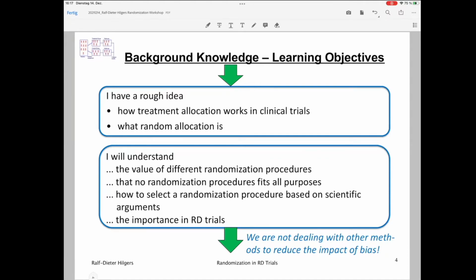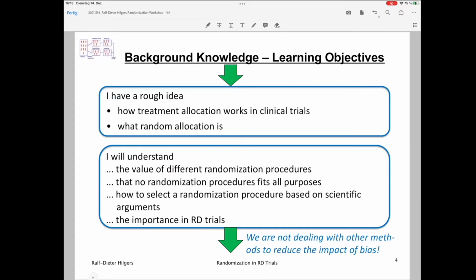So what you will learn and understand after the webinar, I hope, is that you take the value of the different randomization procedures back home, that you know that no randomization procedure fits all purposes you can have in your clinical trials, that you understand how to select a randomization procedure based on scientific arguments, and you know that there is a special importance on randomization in randomized clinical trials.